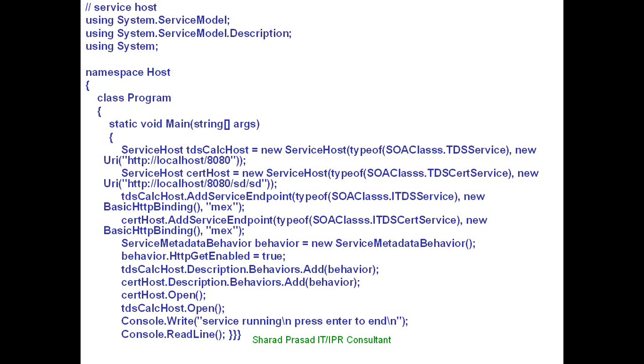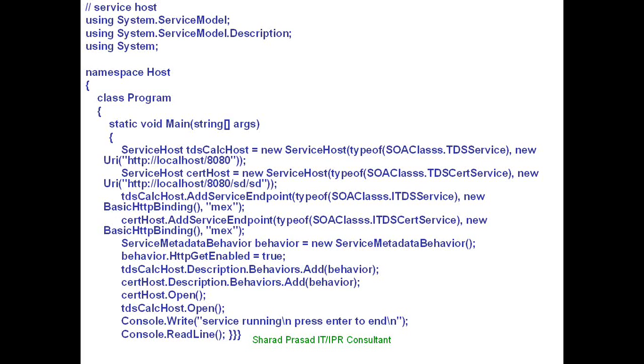Similarly, we have an endpoint for the second service, and that again has a different contract, the certificate service. We have basic HTTP binding, we have MEX, and that would be appended to HTTP localhost 8080/STSD/MEX. Once we have endpoints defined, then we have to define the behavior of the services.